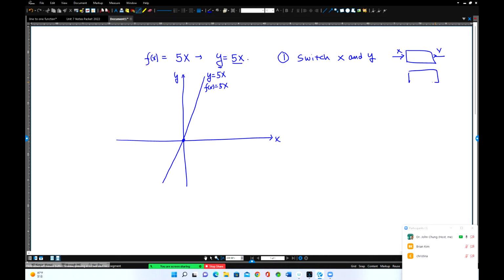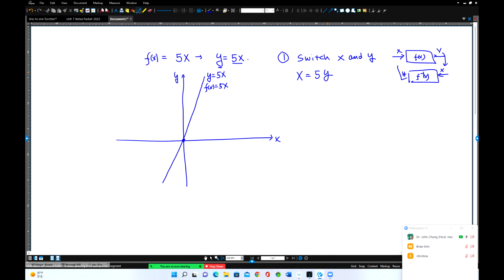But the inverse goes back over here. This is now x. So y changes to x, x changes to y. This is the original function, this is the inverse function. That's why we switch x and y. When you switch x and y, we get x equals 5y.